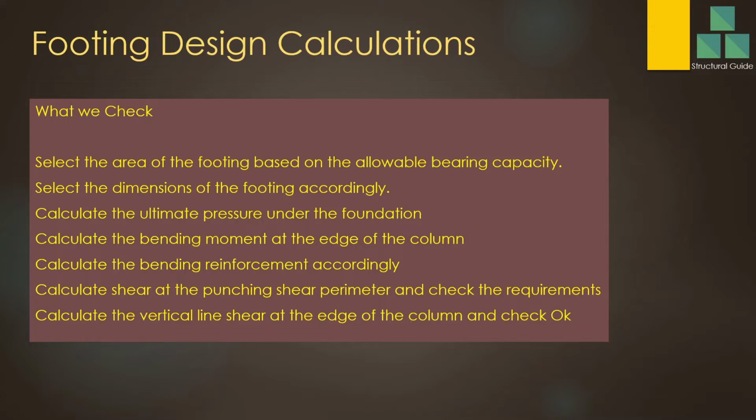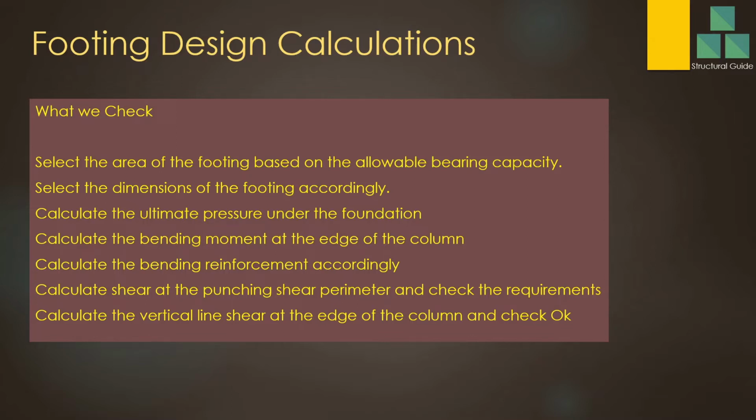With that, we can calculate the ultimate bearing pressure under the footing. If we know the ultimate pressure, then we can calculate the bending moment in the footing at the edge of the column face, as per the applied ultimate pressure.